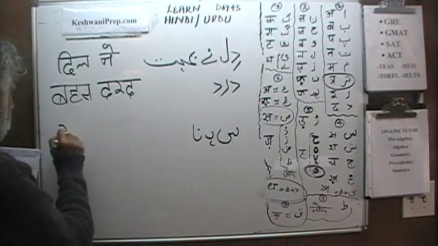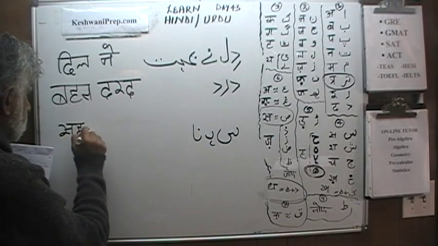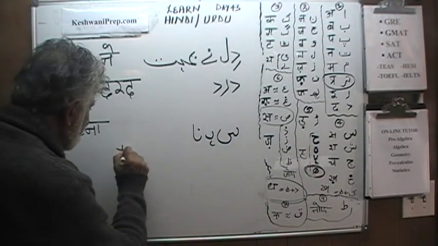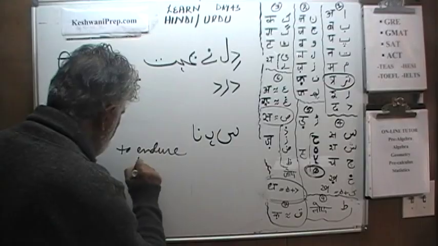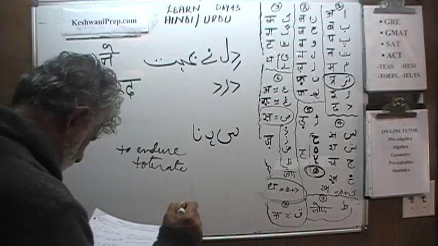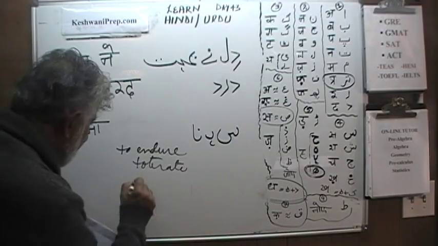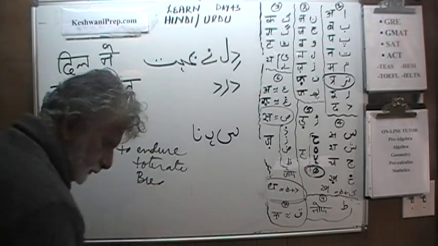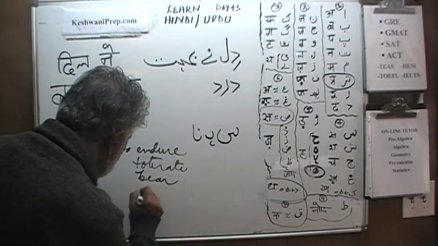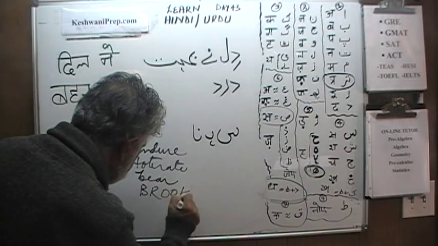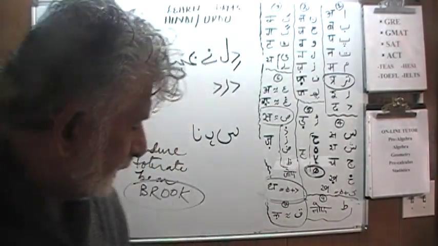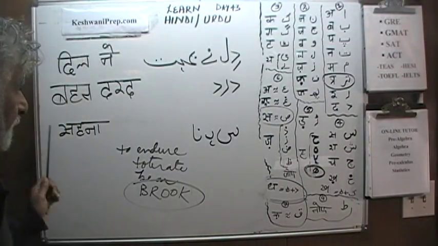Sahena means to endure, to tolerate, to bear, or to brook. If you don't know this word, look it up and learn it. To brook something means to tolerate it, to bear it, to endure it. That's what sahena is.